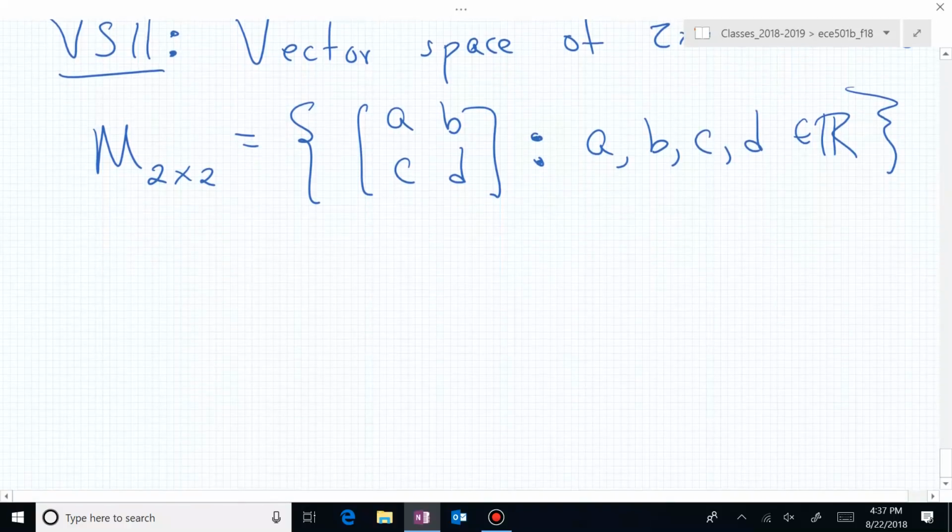And you could have MATLAB do that. You could just stack B, D underneath A, C if you wanted to in MATLAB, and now you can play with vectors instead of worrying about matrices.